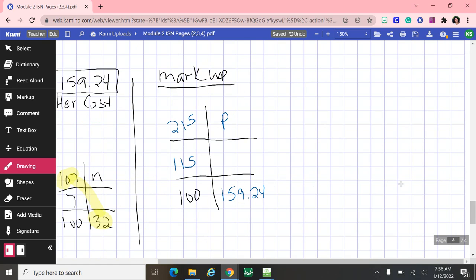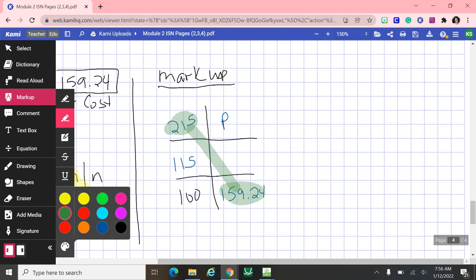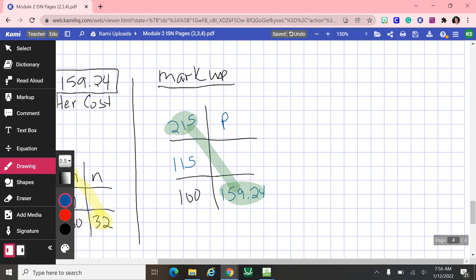So now I am going to identify the two numbers that are diagonal that show what I have to multiply. For our selling price, we're going to multiply 215 times 159.24, and divide it by 100.